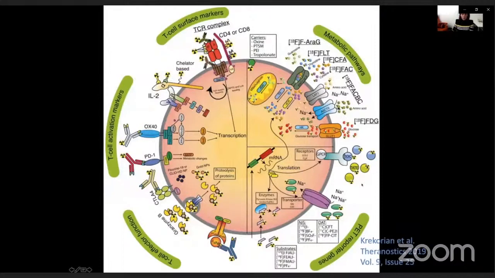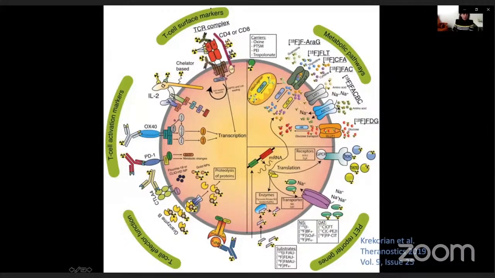Furthermore, you can use receptor imaging also for immunotherapy monitoring, like chemokine imaging, or you can use transporters like the sodium iodide importer and so on. So all tracers on the right side are related to tumor metabolism and are in use.